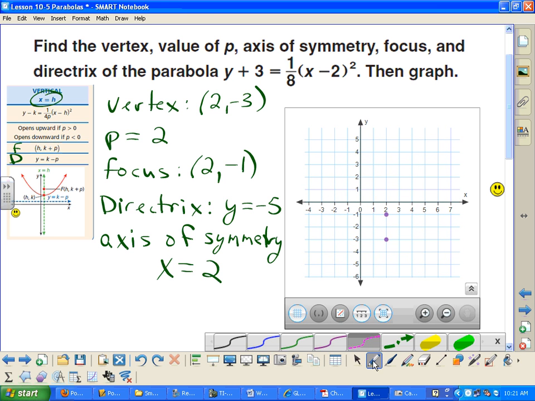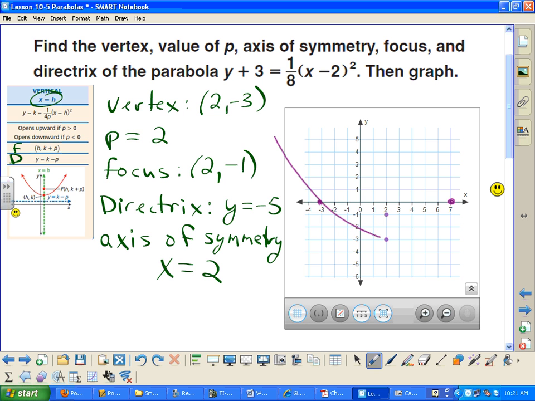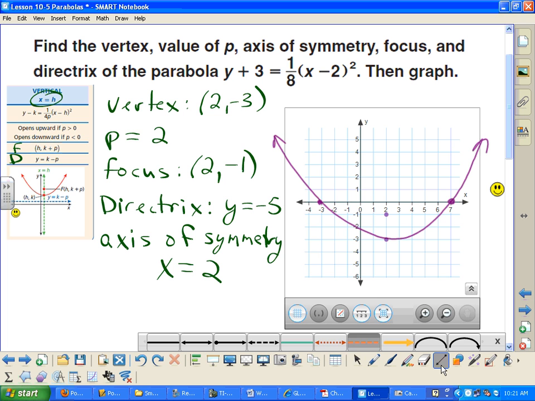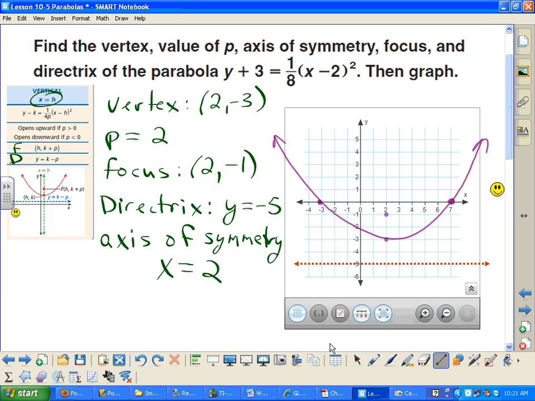So I can put a point here, right about -3, and here, right about 7. Okay, and then draw my graph. And there it is.